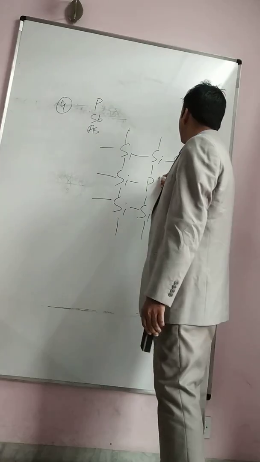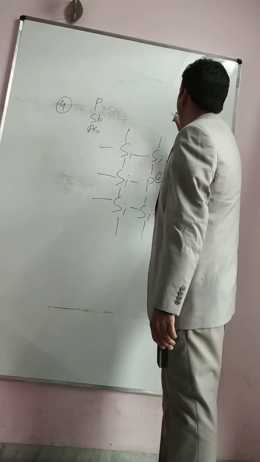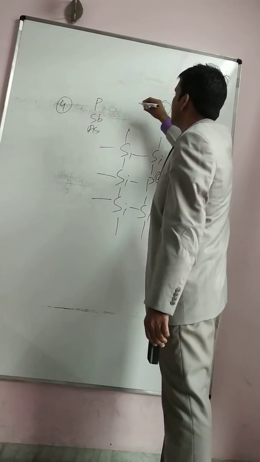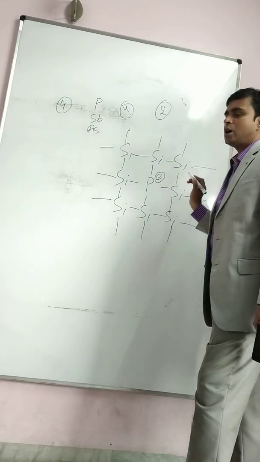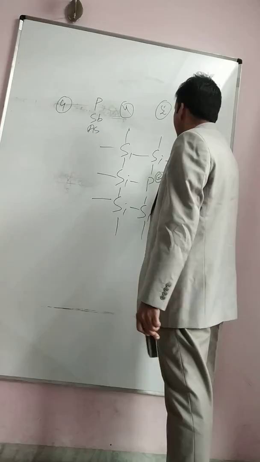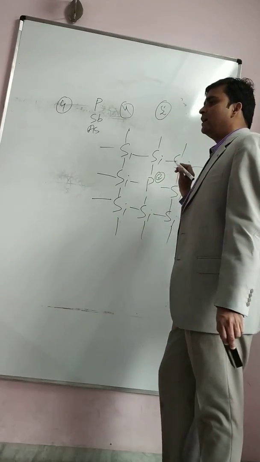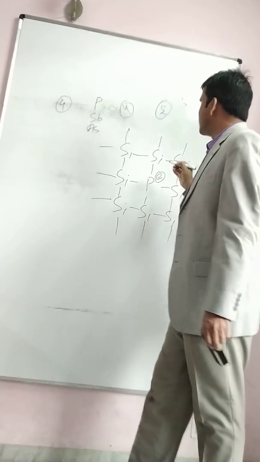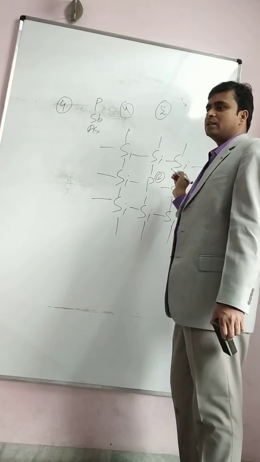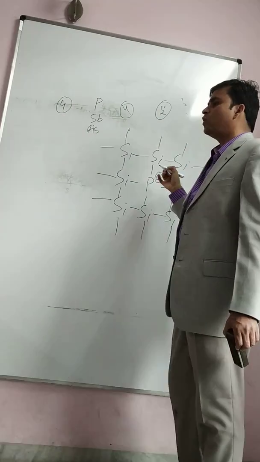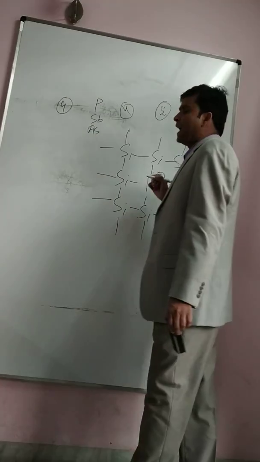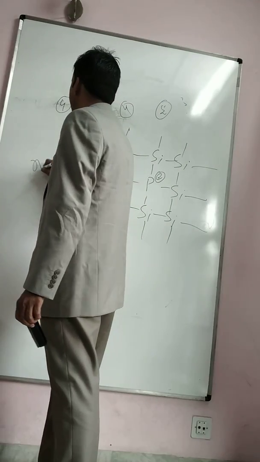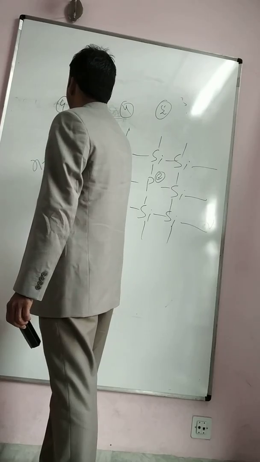But one extra electron will remain, because phosphorus has 5 electrons in the outermost shell and silicon has 4. So this extra electron will increase the current carriers in the semiconductor. Here the extra electron, or negative charge, acts as the current carrier, so it is called n-type semiconductor. N for negative.